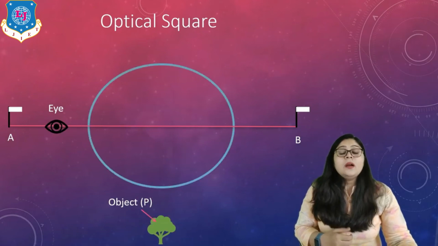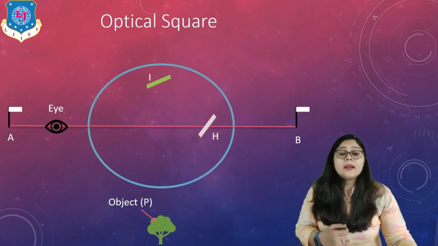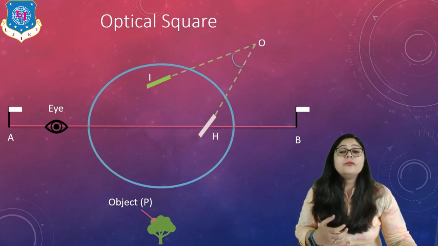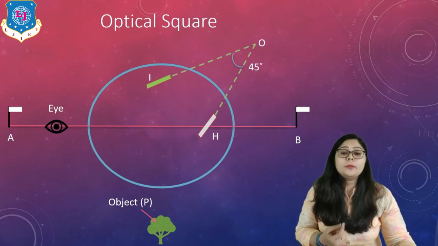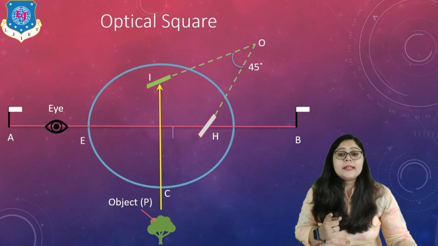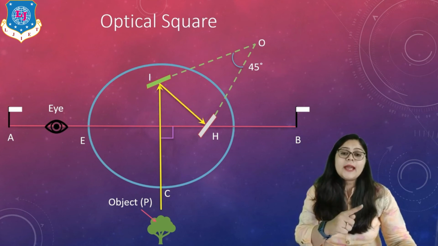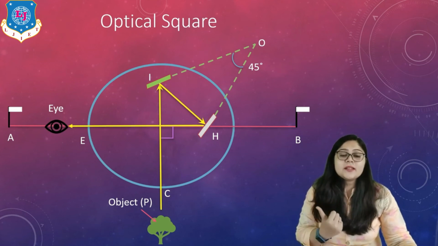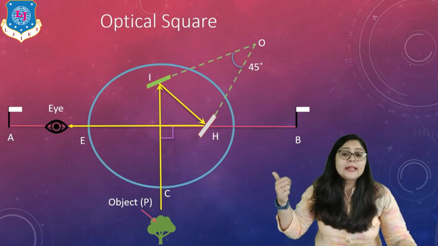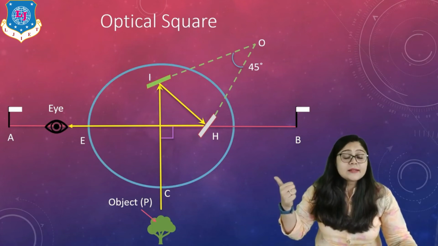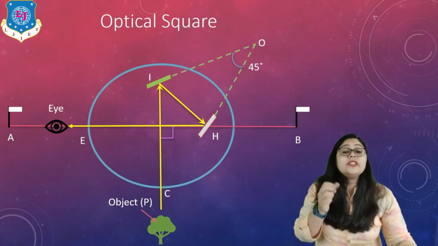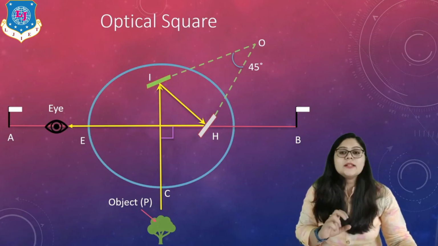Here you can see the construction of this particular instrument is in such a way that the angle between the two mirrors from which we are getting the reflection of any object is 45 degree. And due to that, if I see an object, it means the reflection of the object in the mirror to the edge and to my eye is in such a way that you can see that a 90 degree angle is created, which means I am seeing a tree which is only visible when it is at 90 degree, right? So that is the concept.